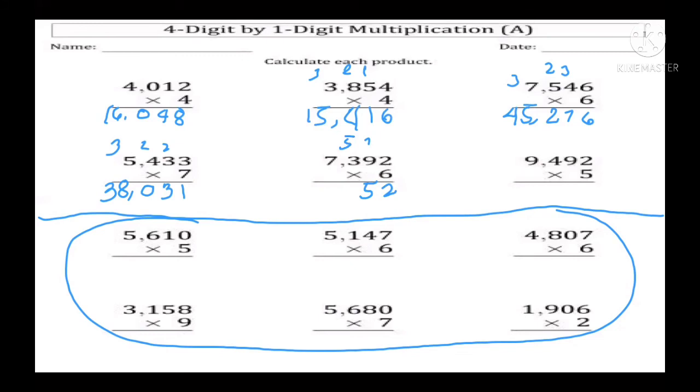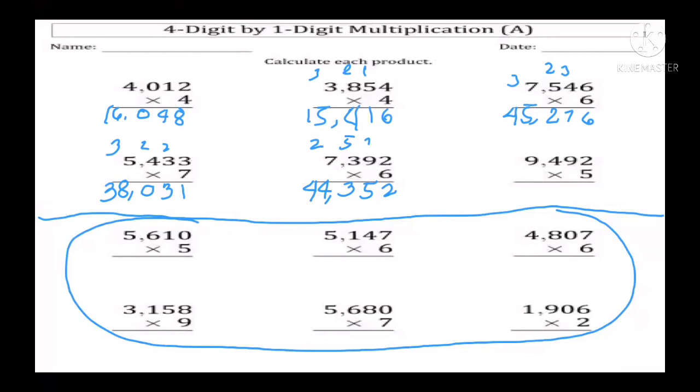Okay, 23. 3 here and 2 up here. 6 times 7 is 42. 42 plus 2. 44. So we have the final answer, 44,352.